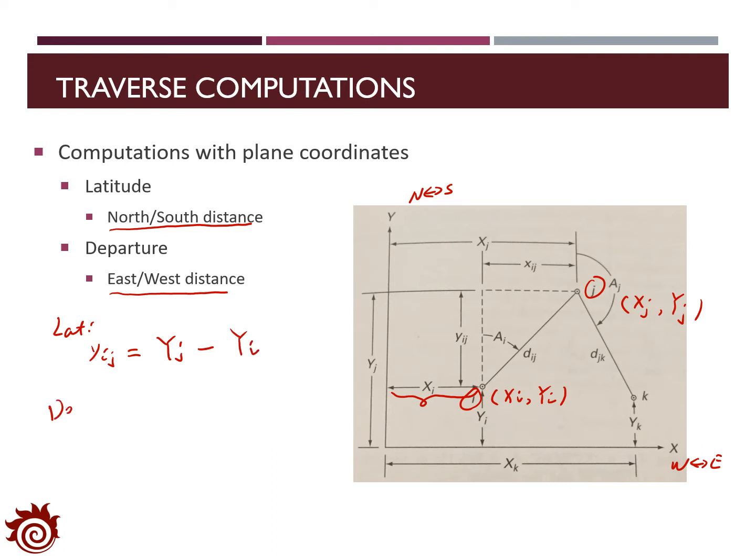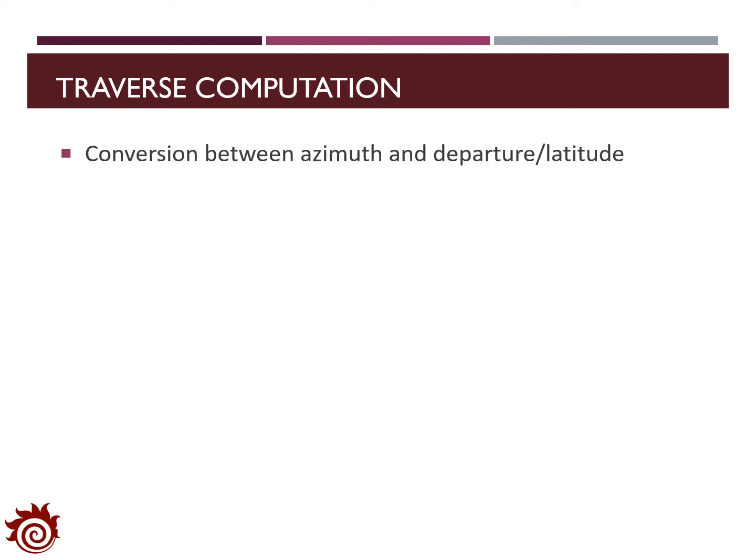And similarly, we can define the departure as the distance in x-axis, which would be xij equal to xj minus xi. The departure and the latitude of the line can be applied to estimate the azimuth of the line. Also, we can use the azimuth and the distance of the line to estimate the departure and the latitude.